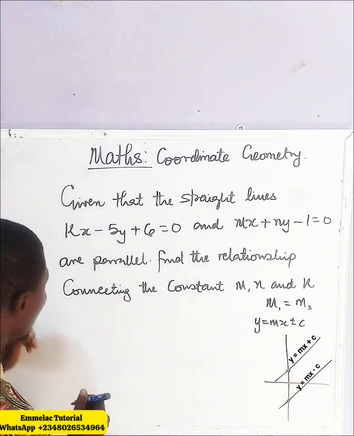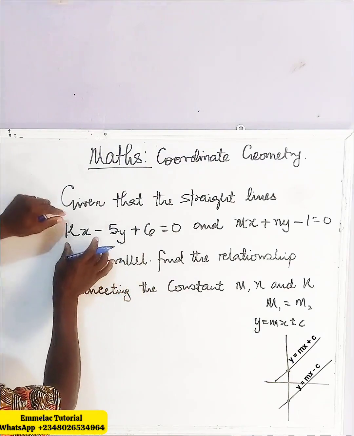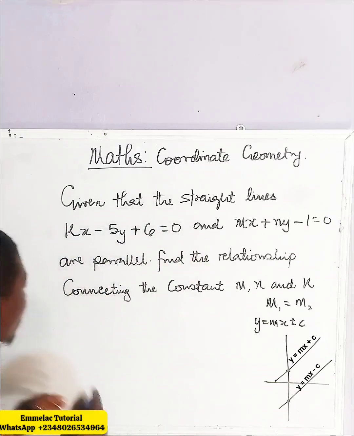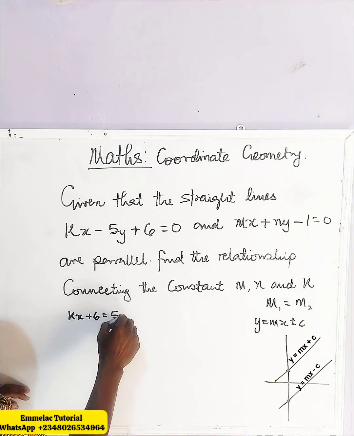Let us start with this one. Let us take minus 5y to the left hand side. So we have kx plus 6 equals 5y.